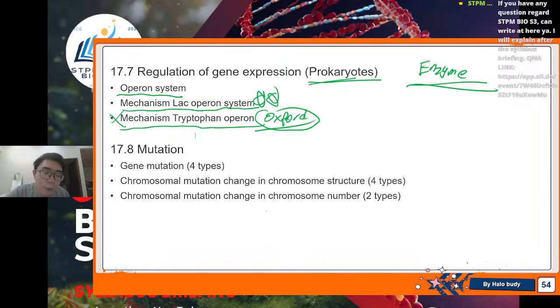Okay. Last topic, mutation. Mutation ni saya rasa SPM awak pun tak belajar kan. So gene mutation saya tak mahu cakap banyak-banyak lah. Insertion, deletion, substitution, and also got another one, addition, and another one I already forget, but 4 types.